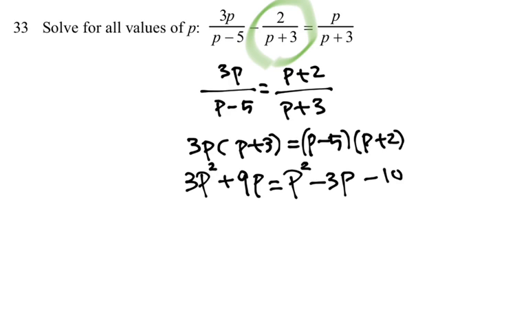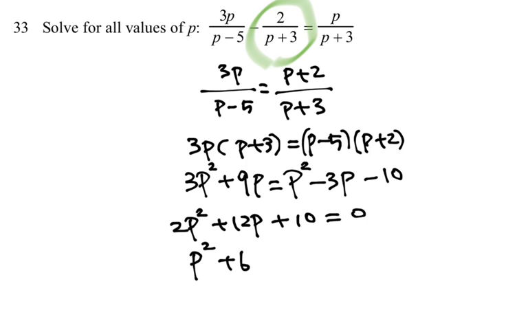And then bring all the terms to one side, then we'll end up getting this one. Now, since all of them have even coefficients, I can divide each term by 2, then I'll end up getting this one.